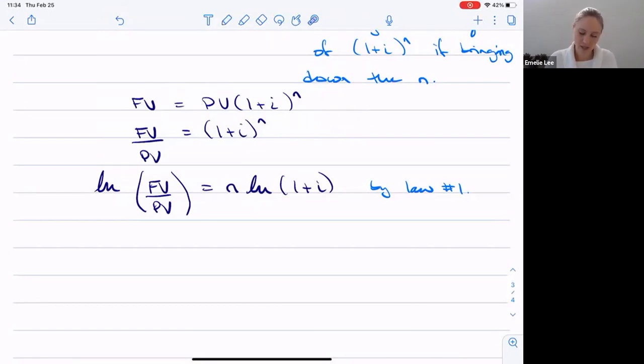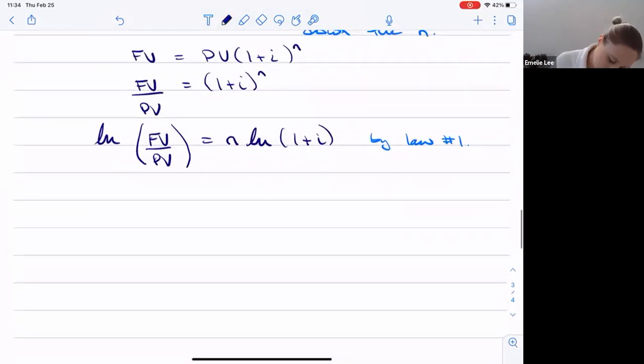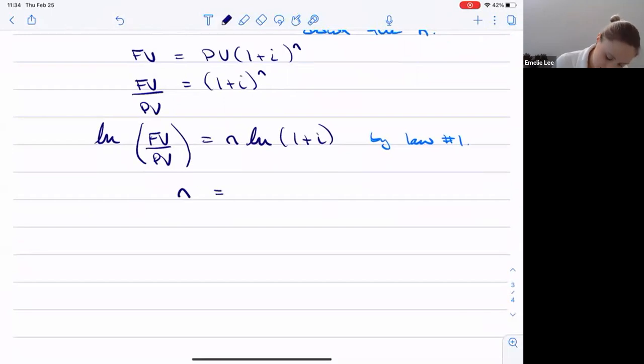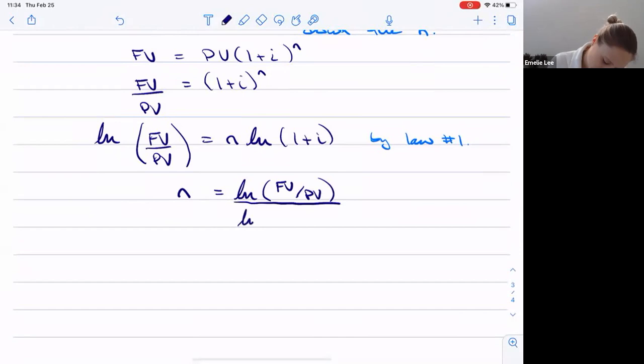Okay, so if I'm trying to solve for n, well, now I just have n times something. So to solve for n, I just need to divide both sides by the log of (1 plus i). So even though it looks a little bit bad, right, the math isn't that bad once we have logs. So I'm going to do the exact same thing that I did earlier. This becomes the log of the future value divided by the present value, just kind of keeping it on one line like that, over the log of (1 plus i).